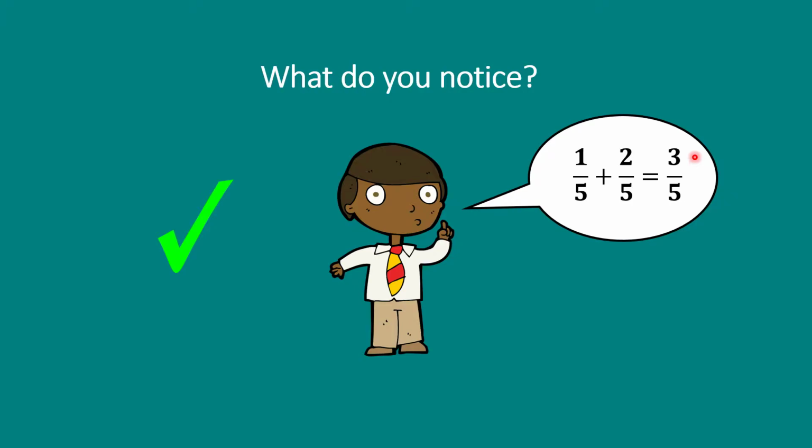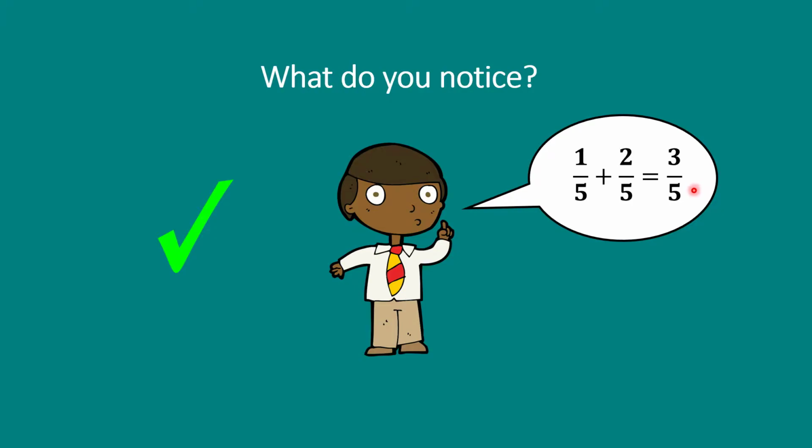Well, you've added the numerators. 1 plus 2 is equal to 3. And what's happened to the denominators? They haven't changed. So that's interesting. When you're adding fractions like these, you add the numerators, but the denominators don't change.